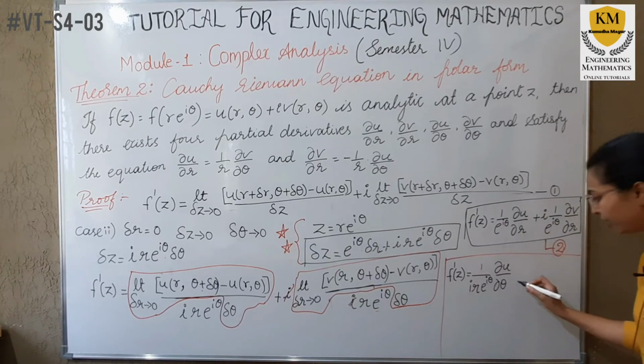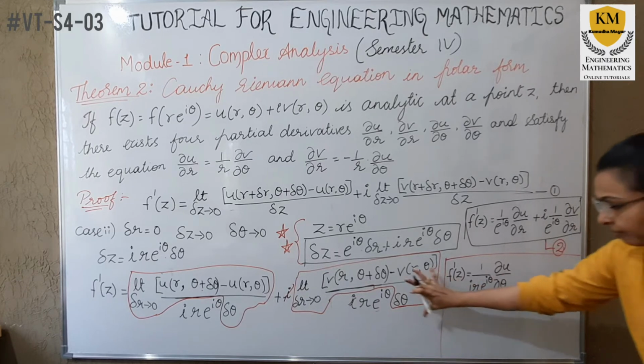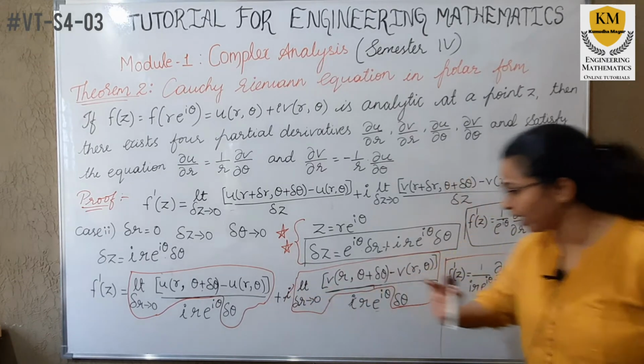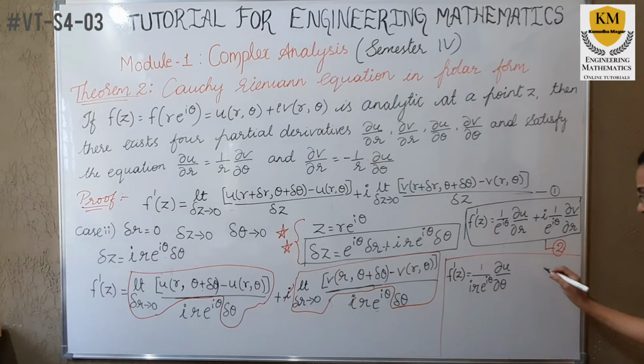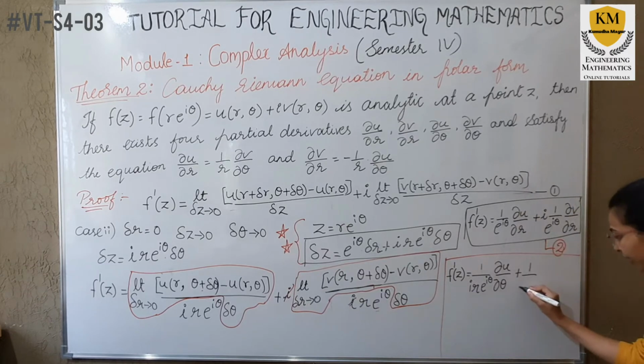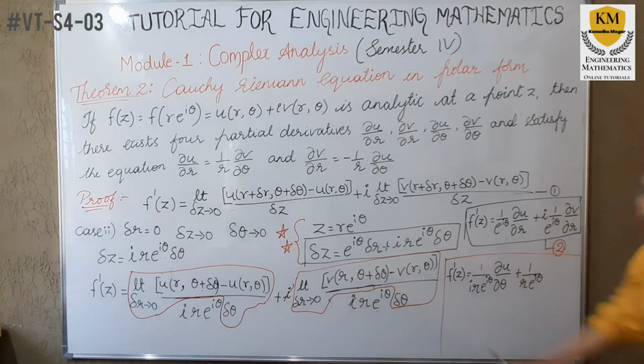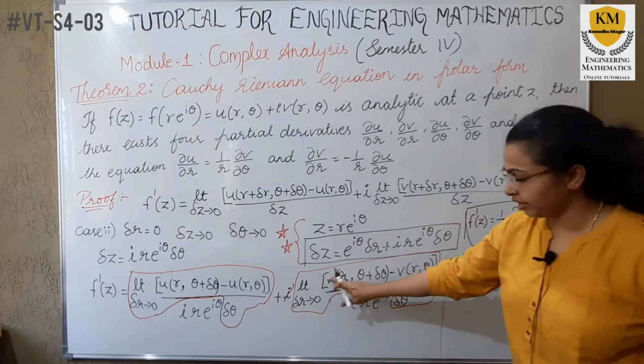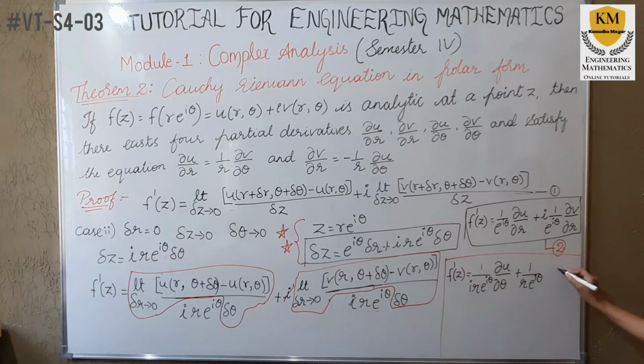Got it? Then further, when it comes to here, i and i got cancelled. I will write just plus as it is, 1 divided by r into e to the power i theta into what is left out. This is exactly the basic definition, partial derivative of del v by del theta.